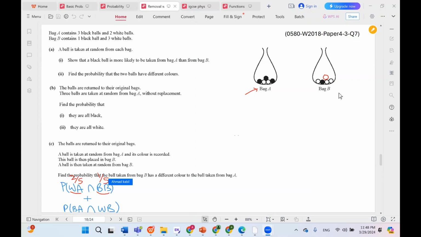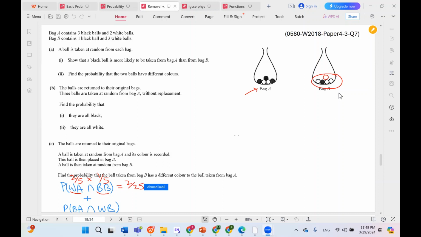So instead of 1 over 4, which we had in AII, now we have 5 balls here, and 4 of them are white, and 1 of them is black. So therefore, we just multiply 2 over 5 times 1 over 5, and we get 2 over 25.